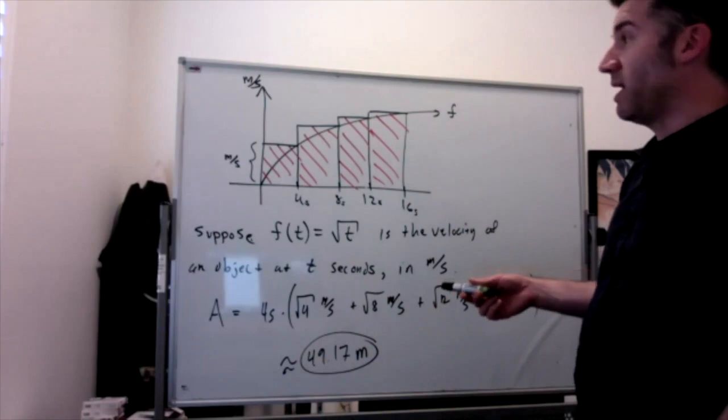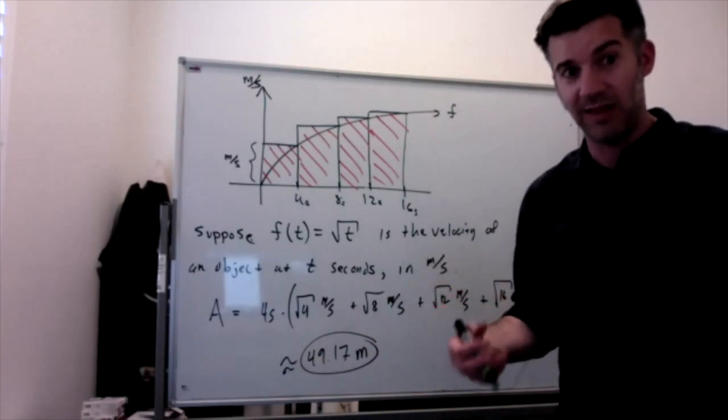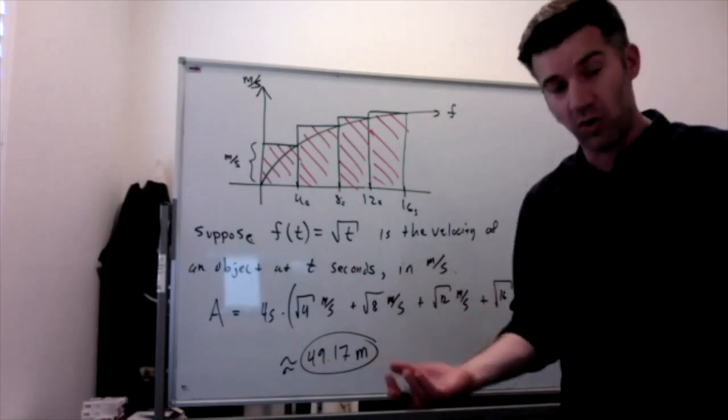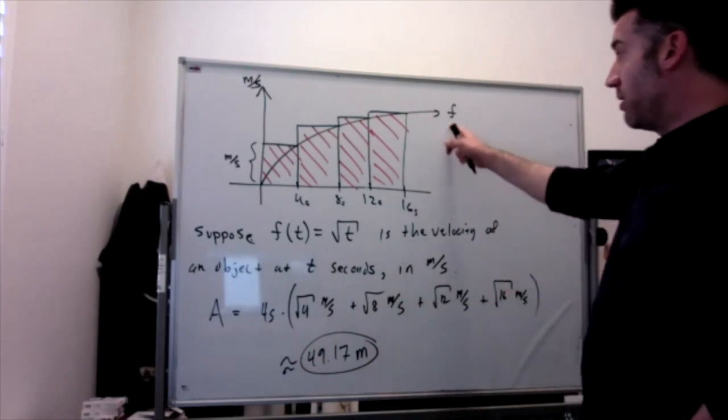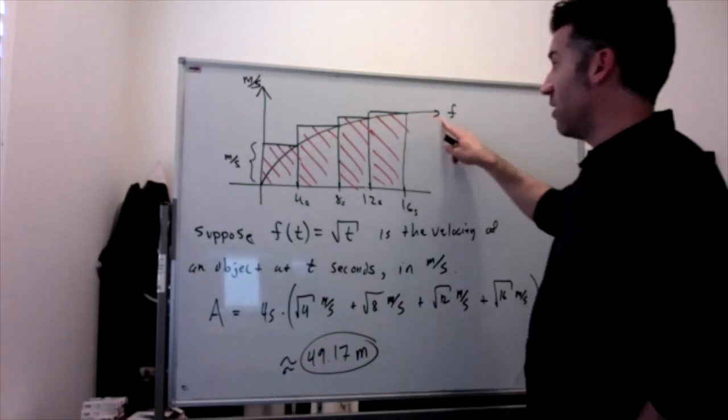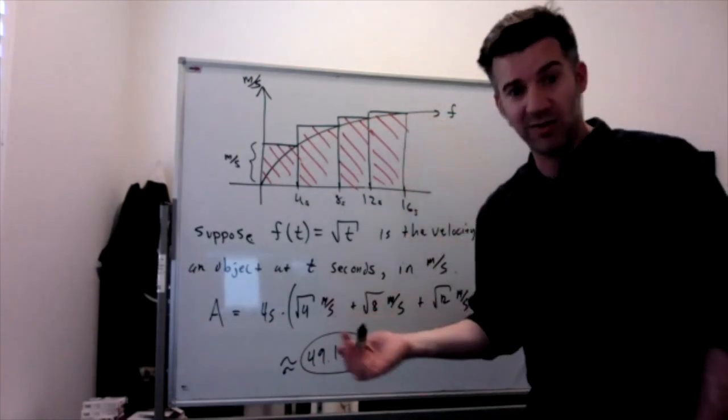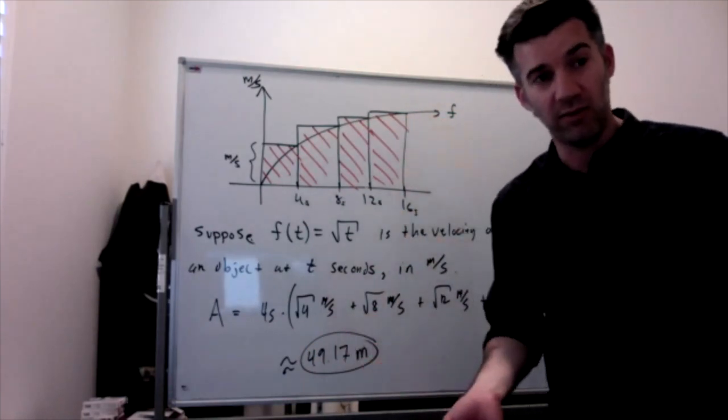So if you're finding the antiderivative, aka the area under the curve, I know we haven't quite made that connection just yet, but we're going to. If the curve is representing velocity, the area under that curve is representing the distance traveled.